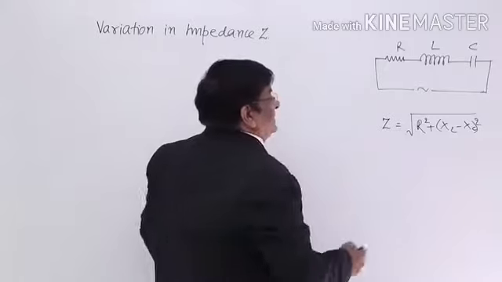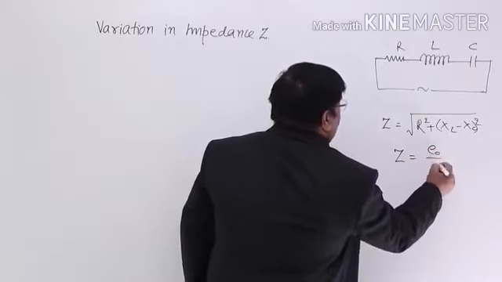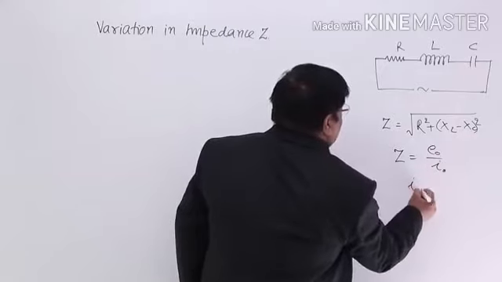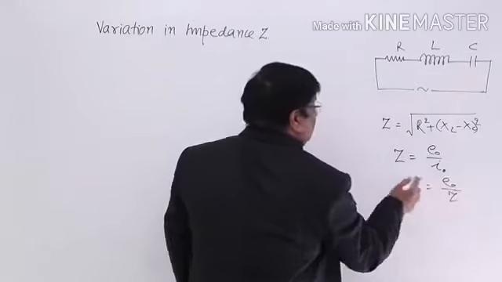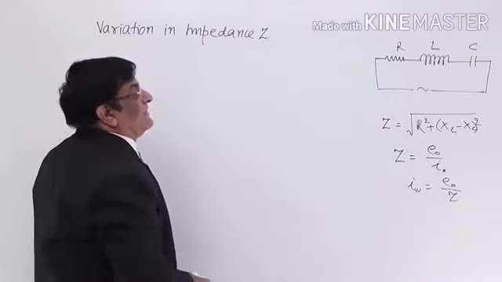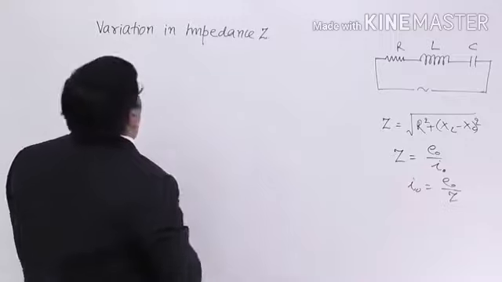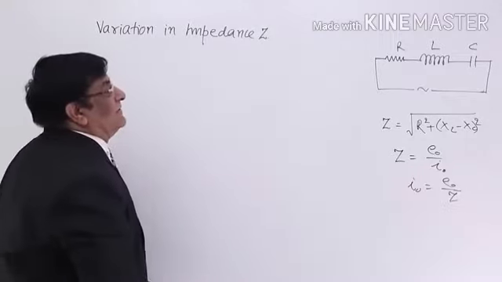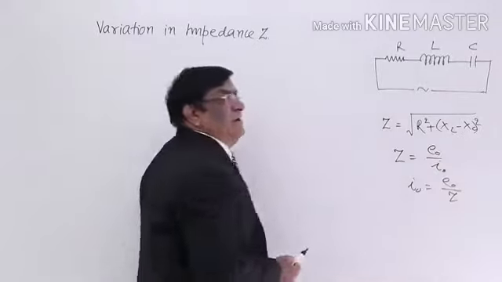This is impedance, and this impedance is E0 upon I0. Current is equal to E0 upon Z. It depends upon Z. When will this impedance be minimum or maximum, and what are the variations in Z? Variations in Z are due to changes in XL and XC.